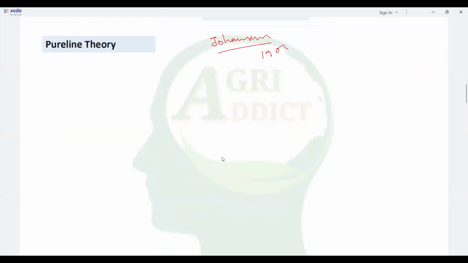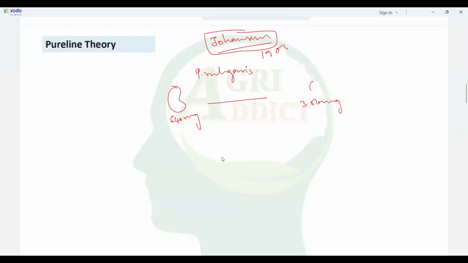What Johansson did is he went to a market and brought a seed lot of Phaseolus vulgaris. What he noticed is that there are seeds ranging from a weight of 640 mg to 350 mg. So it is nothing but your seed lot which has a lot of variation.